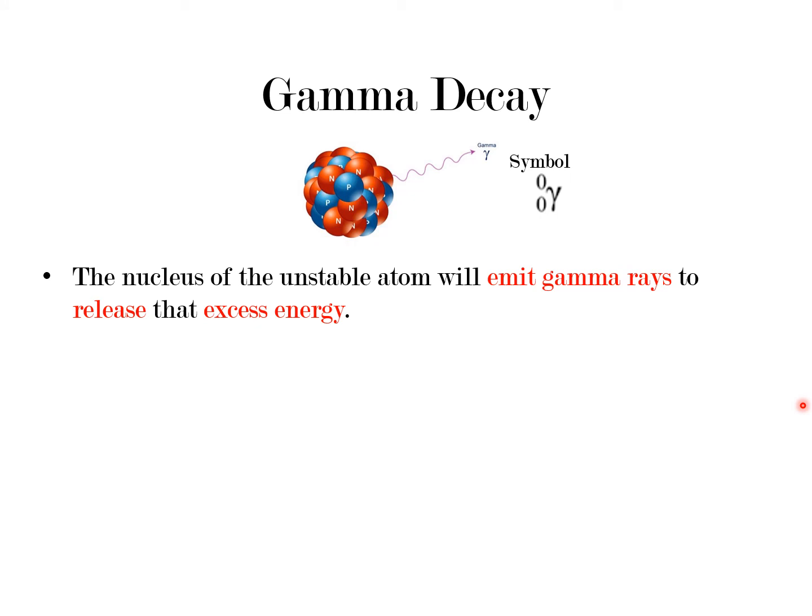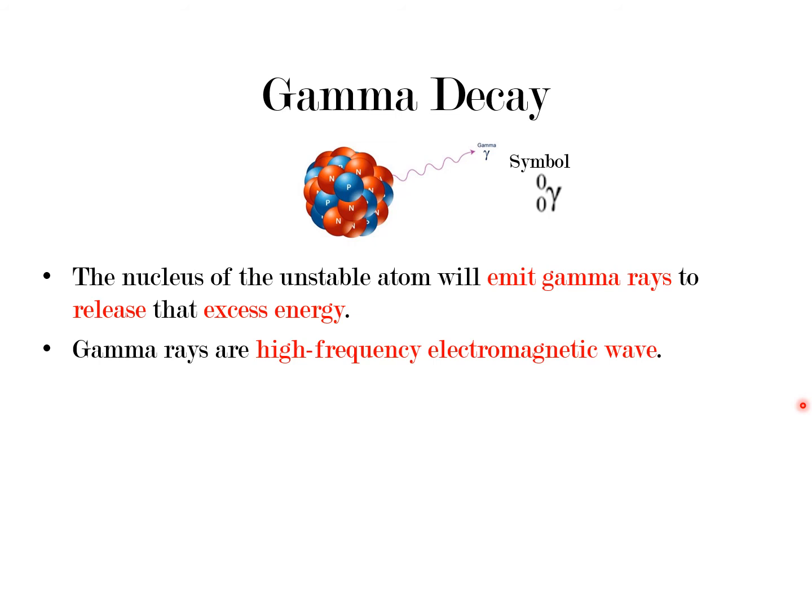The nucleus of the unstable atom will emit gamma rays to release that excess energy. Gamma rays are high frequency electromagnetic waves. Gamma rays are not charged particles like alpha and beta particles, so they have no charge and no mass.